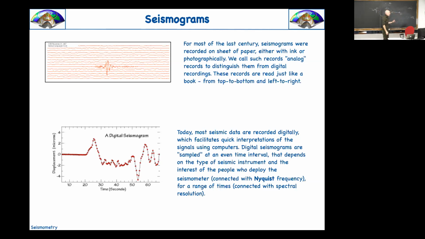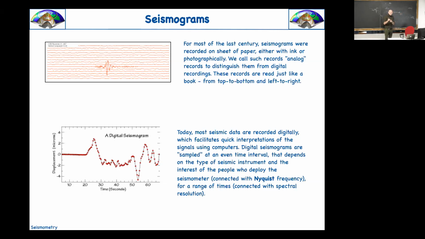Now we have to store data, so we have to sample it. Now, how many samples a second? Well, you could say, let's take as dense as possible. Wait a second. As dense as possible means a huge amount of data. Well, you can say, okay, let's take 1 per second.